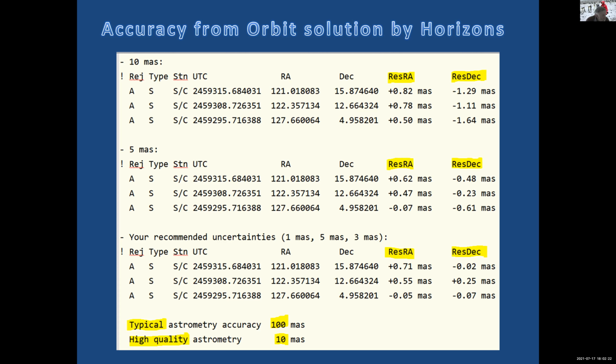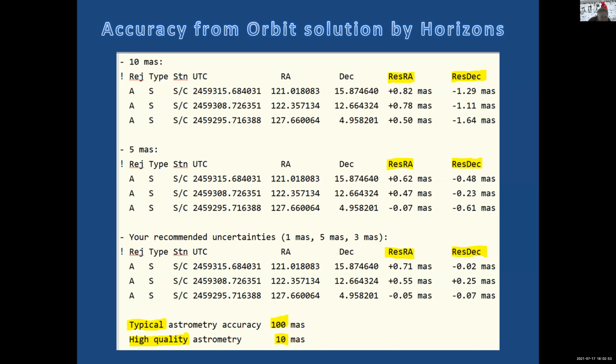It's typically around 200 or 300 milliarc seconds. High quality astrometry, where you're getting big telescopes, highly precise equipment and so forth, they're getting down to the order of 10 milliarc seconds. Probably think more like 20 or 30 milliarc seconds, but an order of magnitude better than traditional astrometry.